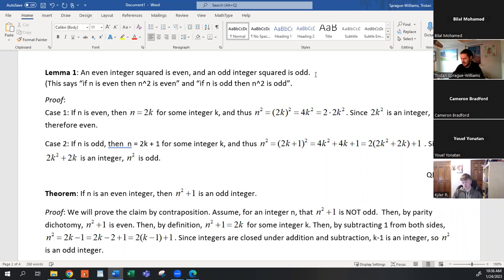What we actually wanted was the opposite of that. We wanted if n squared is odd, then n is odd. But thankfully, that's a contrapositive of this first statement here.